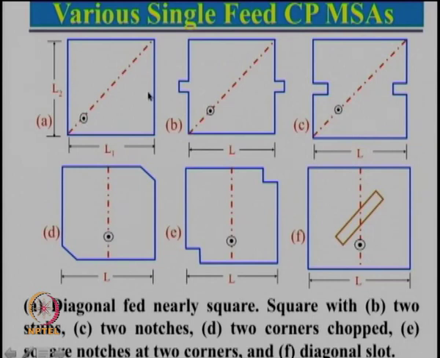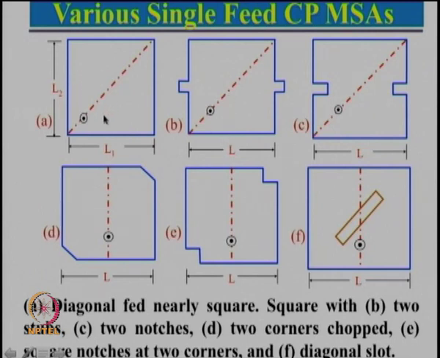Now that you have understood this, you will see that all these configurations are very simple to understand. Here it is a square patch, length L here and also length L here, but here a stub is attached. By adding this stub, this length will be slightly more than this length. Since the two lengths are approximately equal, slightly different, and it is fed along the diagonal, the phase difference between them will be 90 degree, and hence it can give circular polarization.